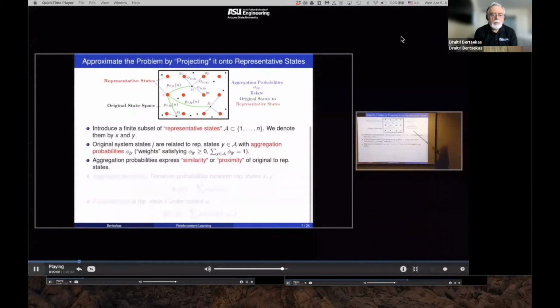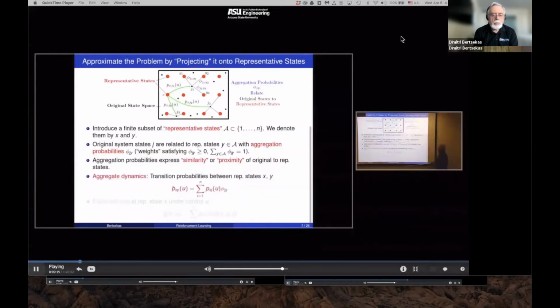Okay, so I have these red states, and I have introduced these aggregation probabilities, and this defines aggregation dynamics, whereby the transition probabilities between two representative states, like this X and this Y, generally speaking, I'll be using the convention, aggregate states are going to be X's and Y's.